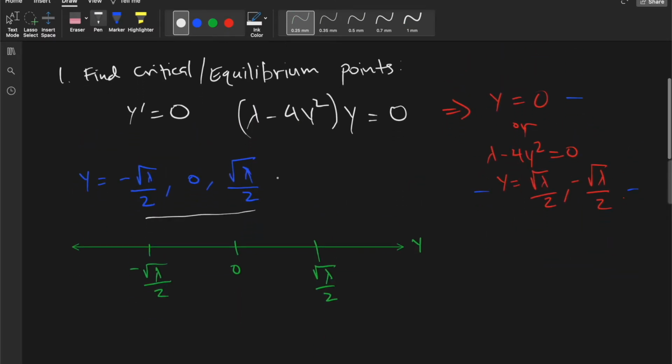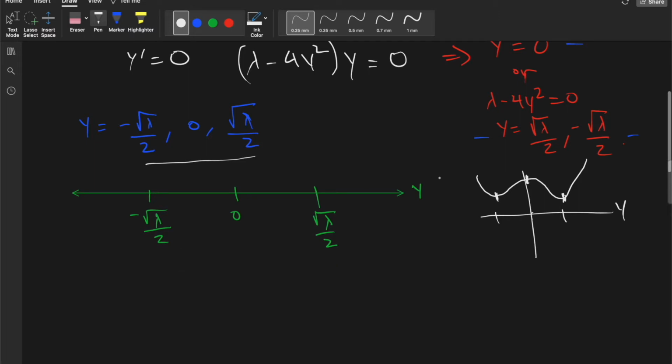So if we consider the graph of y, then at these 3 points the direction of y changes.